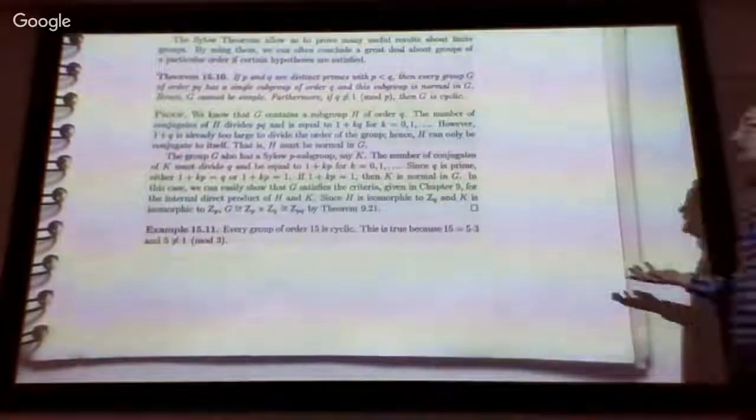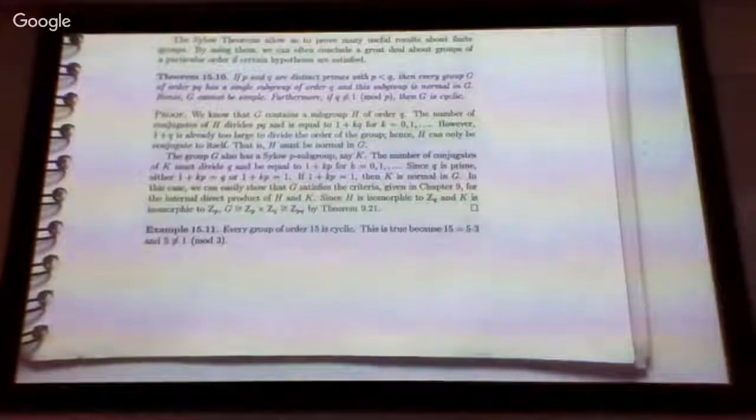Hence, there's only one. Okay? H can only be conjugate to itself. There's only one Sylow q subgroup, and so if there's only one, it must be self-conjugate under conjugation by any other element. So that means it must be normal.